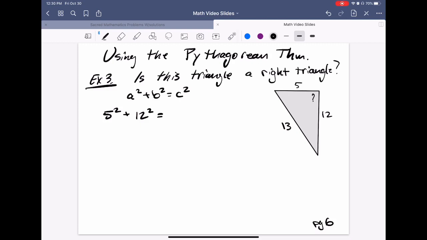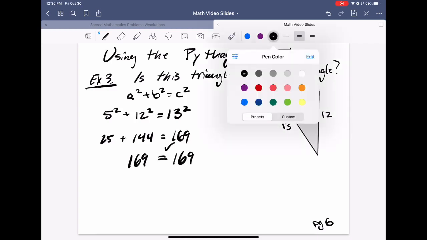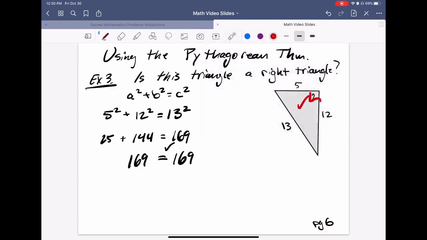And that's going to equal, c will be 13 because that's the longest side. It's the largest number. I square these numbers, I get 25 plus 144 equals 169. If I add 25 and 144, I get 169. Yes, that checks out. This is a right triangle. Boom, good to go.